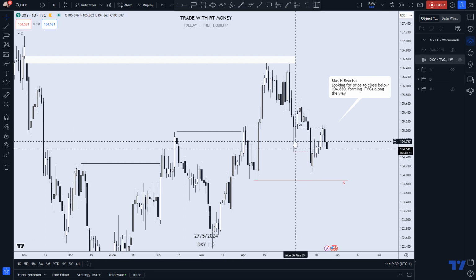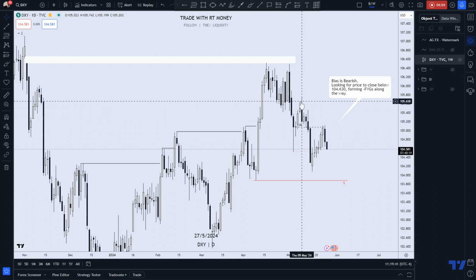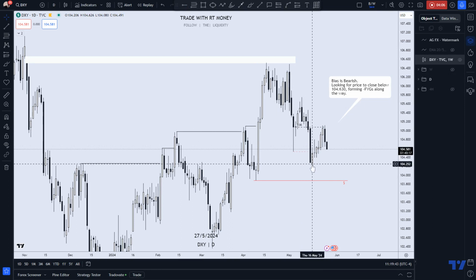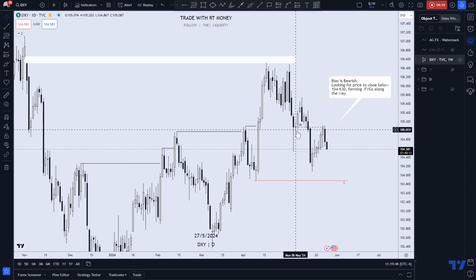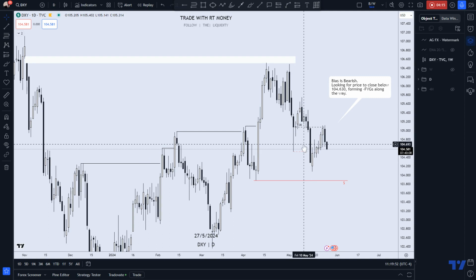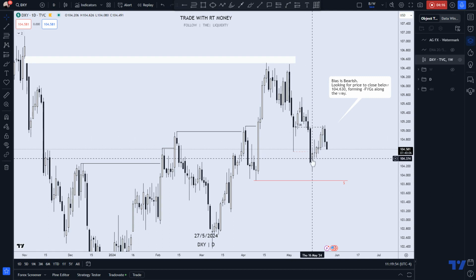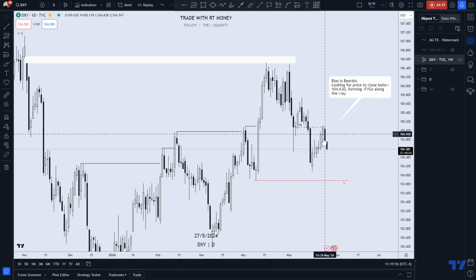Price makes the low. We see a series of up close candles and then down close candles closing below the change in the state of delivery, and leaving a fair value gap. That is an order block, folks. And price came back up to test that order block and was rejected soundly.